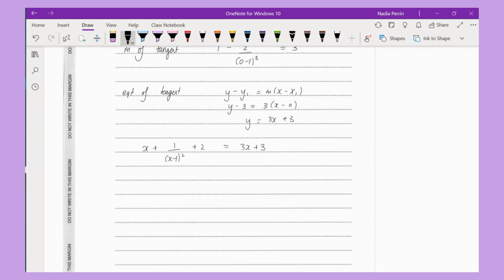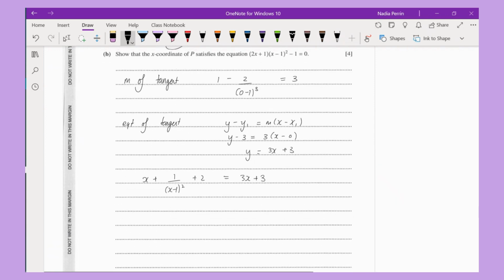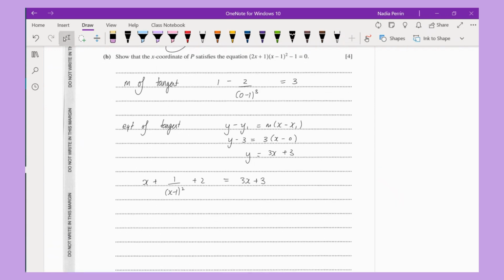And we know that it's going to happen at that point that they've already told us, 0, 3, but also at another point. Now, we don't actually have to solve it. We just have to show that this is the same as the equation they gave us up there. So I would move everything that's not over x minus 1 squared over to the other side, just to make things a little bit prettier.